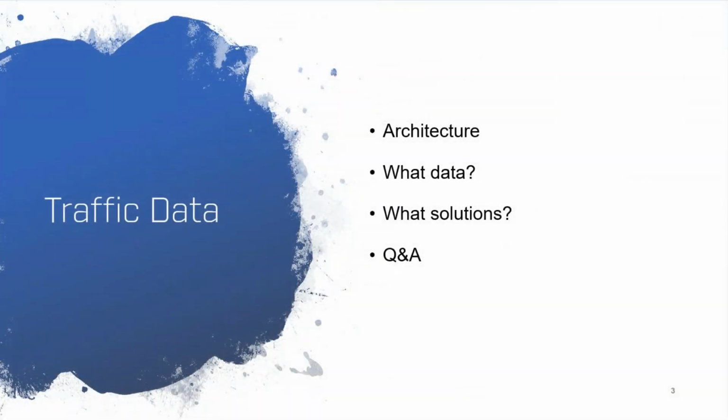So I divided this webinar into three major sections. In the first part, I'm going to talk about three different types of architectures in how you can collect traffic data. I will also name the different types of data and tell you what solutions we offer that will give you that data.